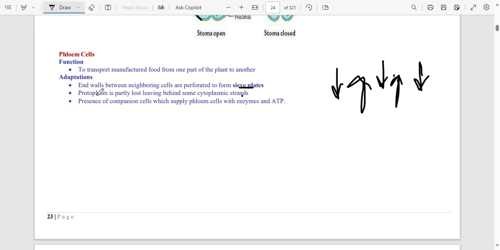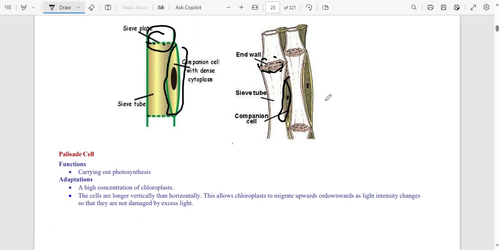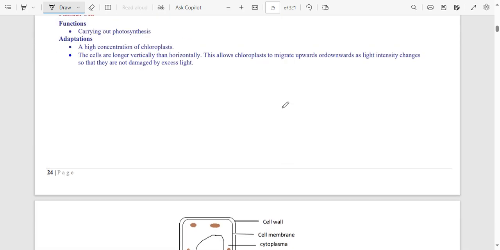Apart from that, the protoplasm is partly lost, not fully lost. Okay, and that will leave behind some cytoplasmic strands. And then they also have companion cells. The companion cells will supply the phloem with enzymes and ATP. ATP is the energy so that these cells can perform their function. Please make sure that you know the adaptations.